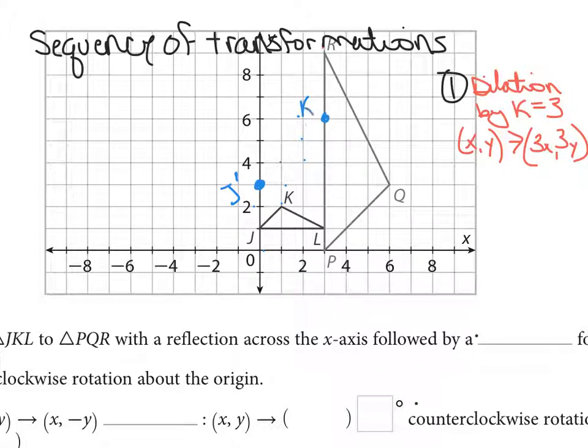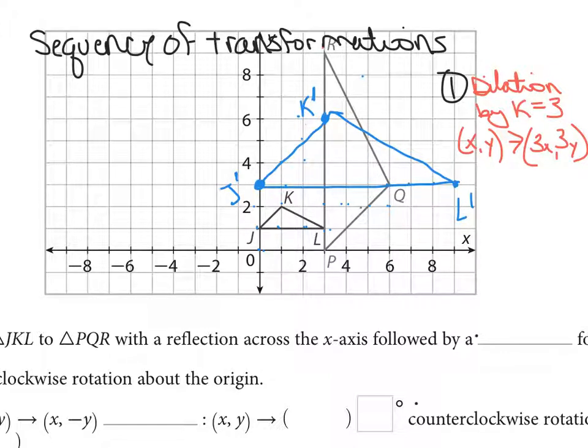And there's my K prime. L is up 1 over 3, so I'm going to perform that 3 times. Did I do that right? 1, 2, 3, yes. And that is going to be my L prime. Now I drew the triangle. Now that it's the same size as my final triangle, I can try to get them into the same place.